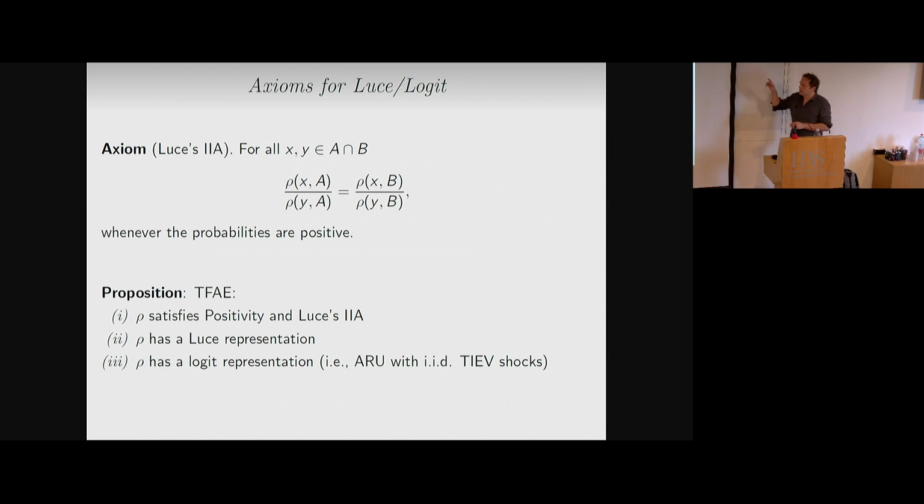It says basically that if I look at two items, the ratio of their choice probabilities does not depend on what else is in the choice set. And that axiom characterizes the Luce model, and moreover, the Luce model is equivalent to the logit representation.